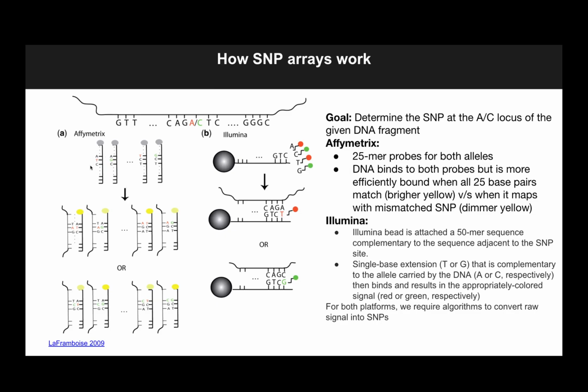Now if I take this probe ATC, I'll try to look where exactly the hybridization will happen. So ATC seems like it will hybridize here. That's the actual sequence. It will hybridize based on the complementary sequence, so that will be TAG.